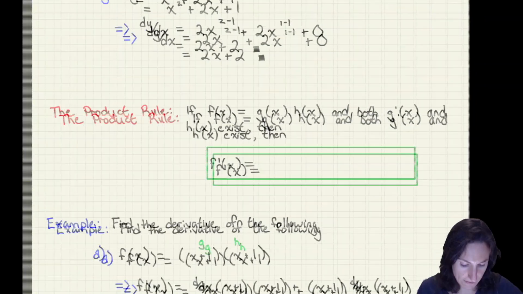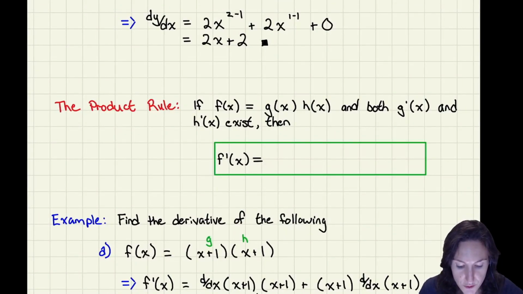Okay. Now let's talk about what we do if we have the product of two functions, g of x and h of x, assuming, of course, the derivatives of g and h exist. In this situation, what we do is we'll take the derivative of one term and then multiply it by the other, and then we go plus the derivative of the other term multiplied by the other.